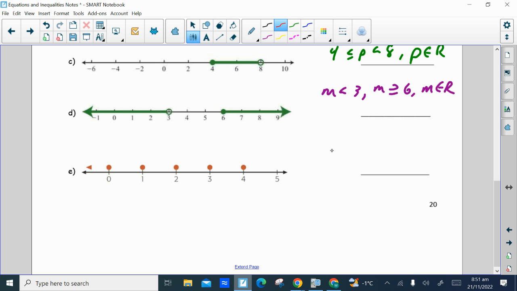Maybe we'll use the variable b must be less than or equal to +4, and now b belongs to the set of integers. There's no line, which means none of the fractions or decimals between 3 and 4 or between 2 and 3 are part of this solution. Only the integers.